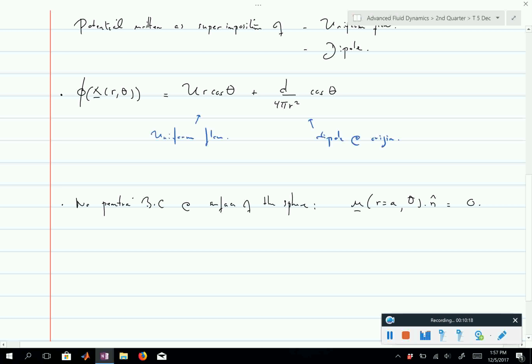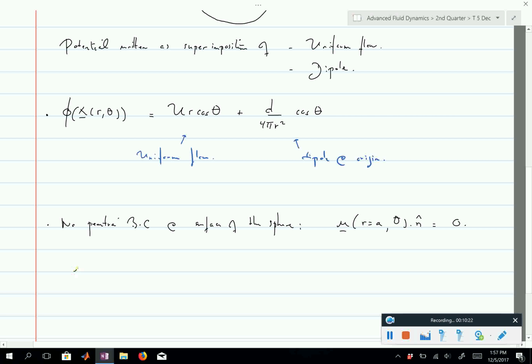So how do I get to that? Well, we need to get to the velocity field. The velocity field in ideal flows is the gradient of the potential, by definition of the velocity potential. So we have to compute the gradient of the potential, and we are in spherical coordinates.